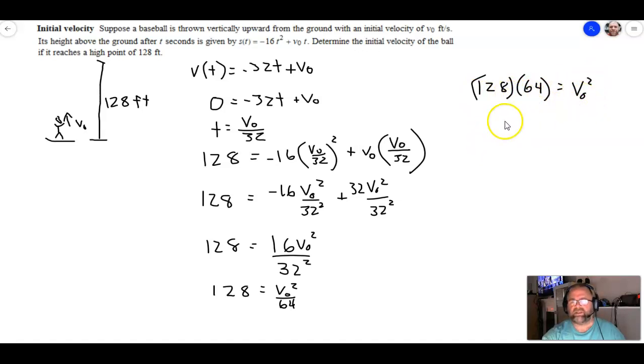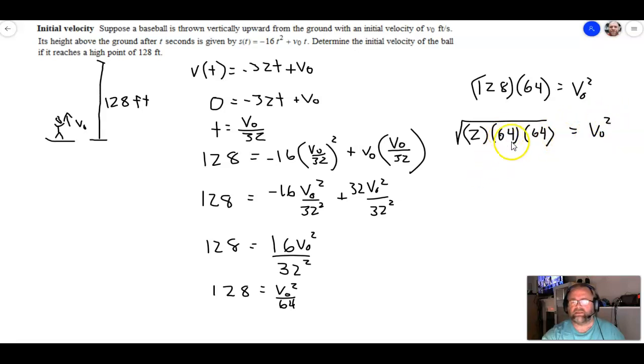Because now I'm going to take the square root of both sides to solve for my initial velocity here. And really, I'm going to write this as, I know 128 is 2 times 64, so I'm going to write this as 2 times 64 times 64. And that's going to be equal to v naught squared.